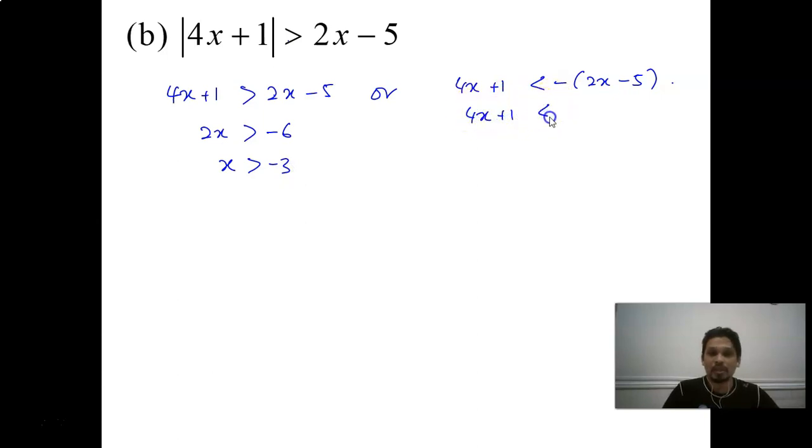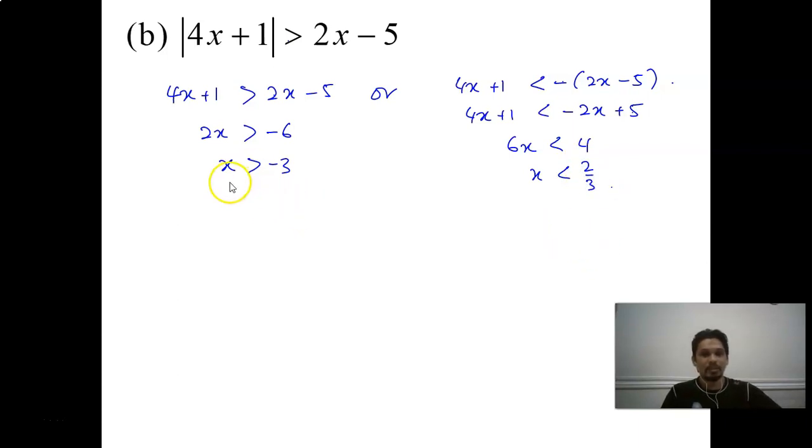For 4x plus 1 less than negative 2x, negative times negative 5, positive 5. Negative 2x brought to the side becomes positive, so 4x plus 2x, 6x. 1 brought to the right side becomes negative, so 5 minus 1 equal to 4. Then x less than 2 over 3.